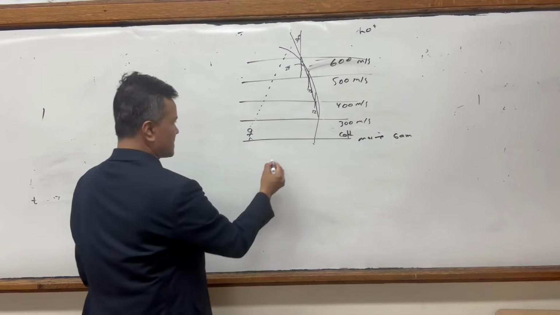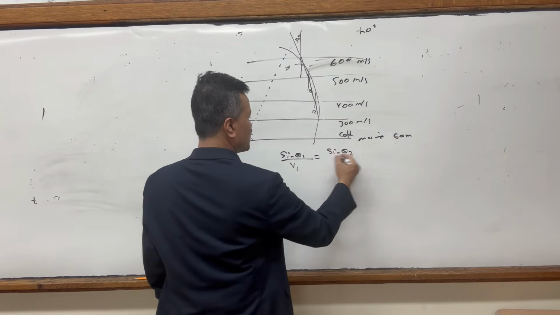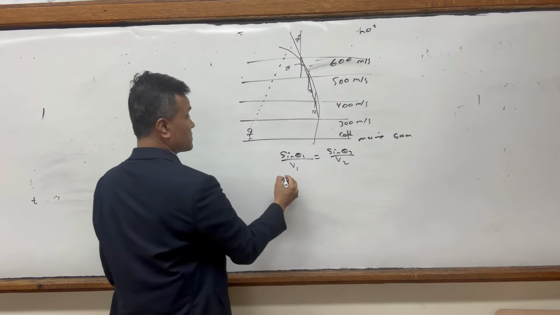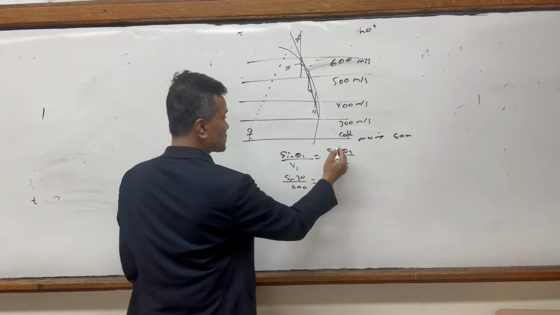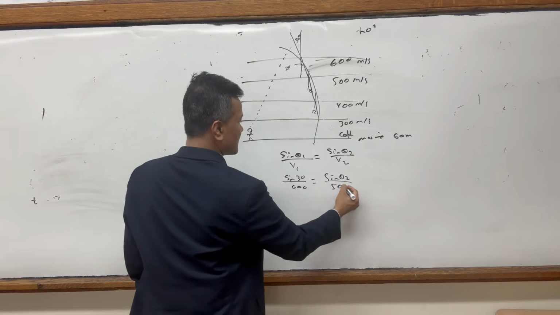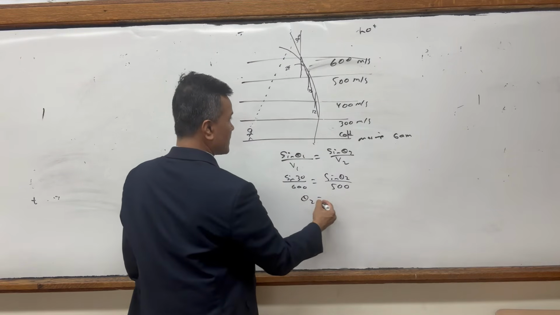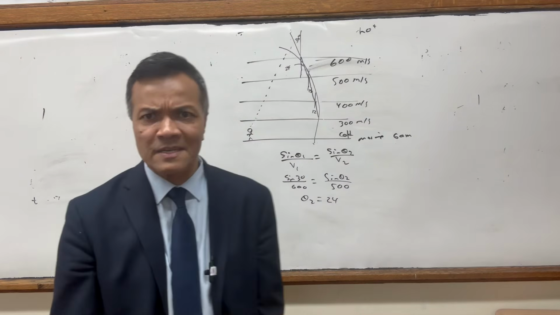Well, the math is easy. Sine theta 1 over V1 is equal to sine theta 2 over V2. Sine 30 over 600 is equal to sine theta 2 over 500. And you're going to see theta 2 is less than 30. I don't know whether it's 24, 25. It really doesn't matter.